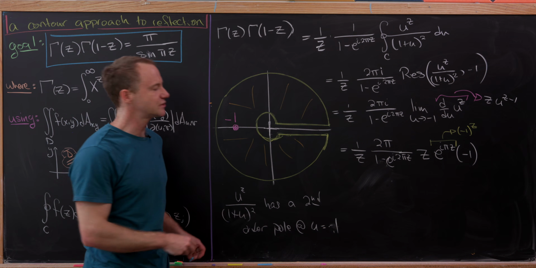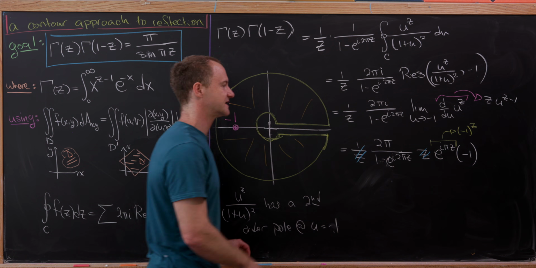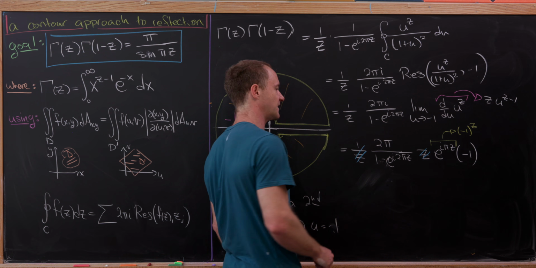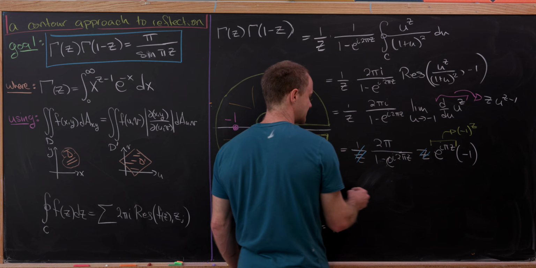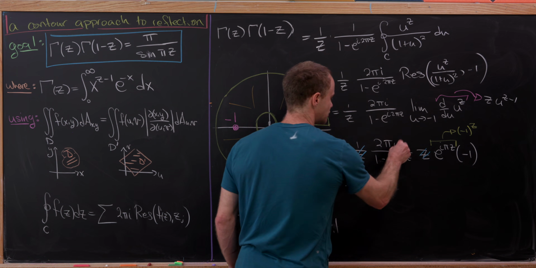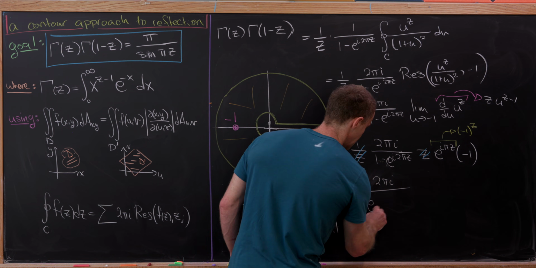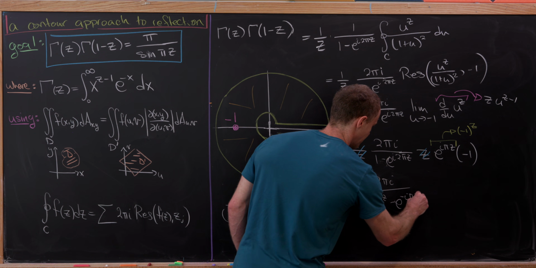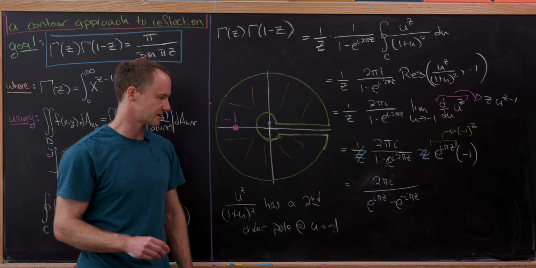So now let's get to a little bit of simplification. So this z here can cancel this z here. And then this -1 will flip that order of subtraction. And then we could maybe bring this into the denominator. So in the end, we'll have 2 pi I over e to the I pi z minus e to the minus I pi z. So that's after all of those simplifications that we just spoke about.